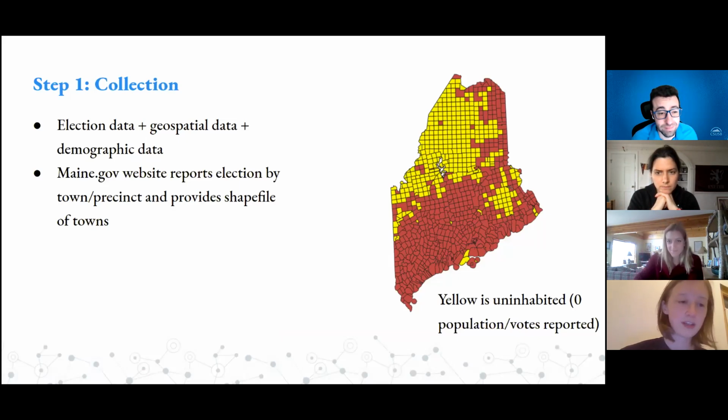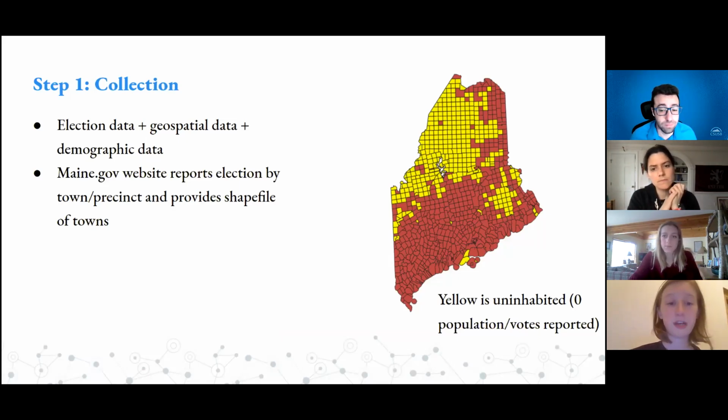So yeah, the collection process was fairly straightforward for the state of Maine, because the state government website provided a shapefile with just the polygons of the precincts. And in Maine, it was quite straightforward because the election data was reported by town. And so towns and precincts are almost one-to-one in Maine.